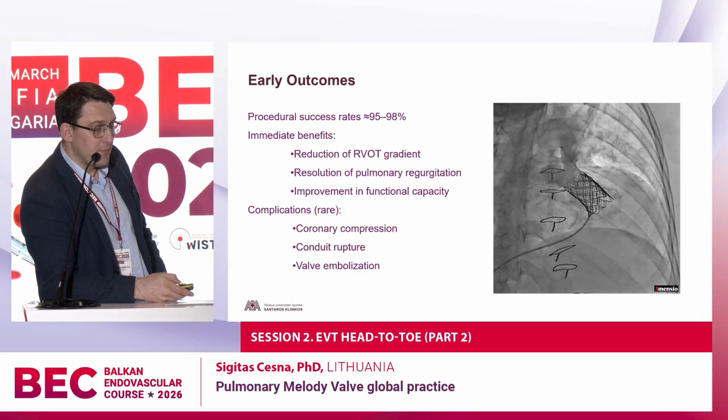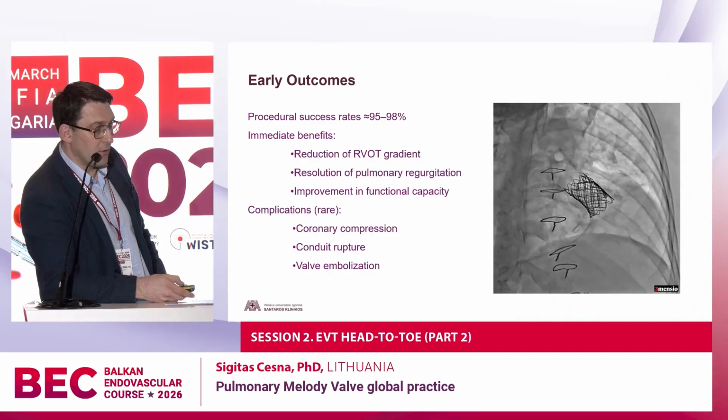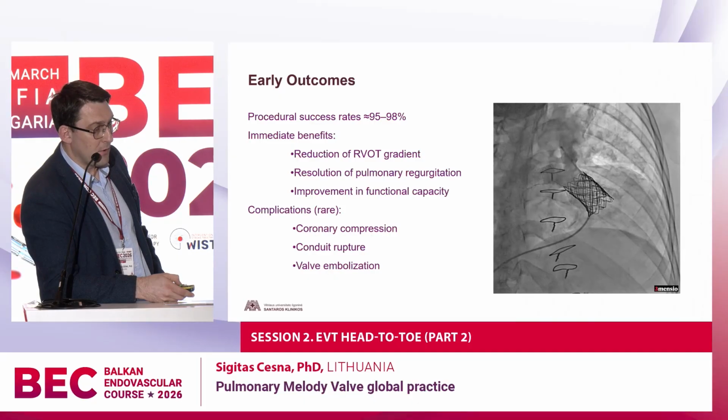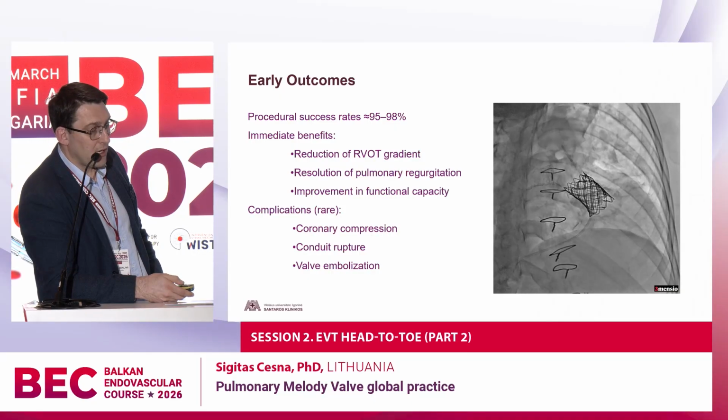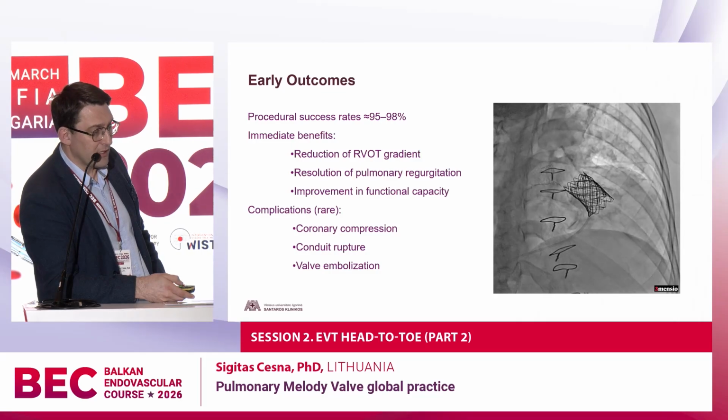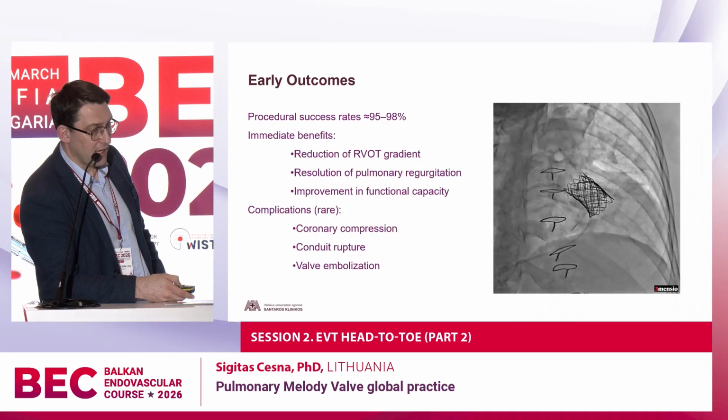What we are looking for after the procedure: we know that in most of the cases, 98% of the cases, we have success. We are evaluating the reduction of the gradient, and in the ideal case, we shouldn't have any gradients after the valve implantation. Otherwise, it will degenerate quite fast.